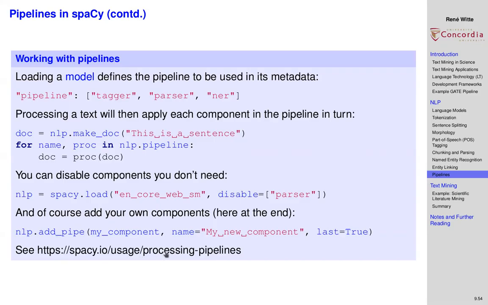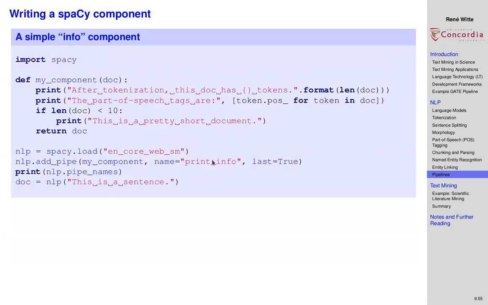For the full documentation, you can look here, but let's look at an example with a dummy component that doesn't really do anything, but just prints out a statement depending on how many tokens there are in a document.